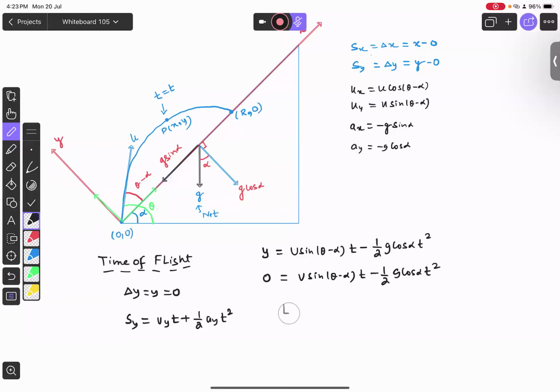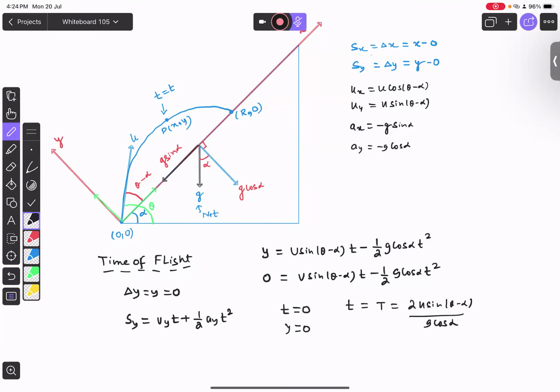So again, we are going to have two roots. One is t being 0, and what it is telling us is the obvious thing we already know, that when t is 0, y is 0. So whenever y is 0 again, that is our time of flight, and that is going to be equal to 2u sine theta minus alpha by g cos alpha.